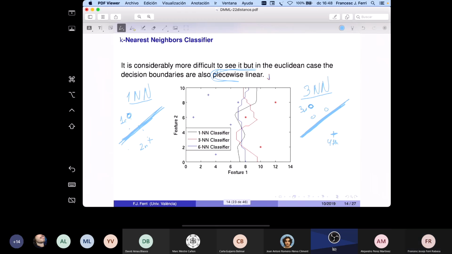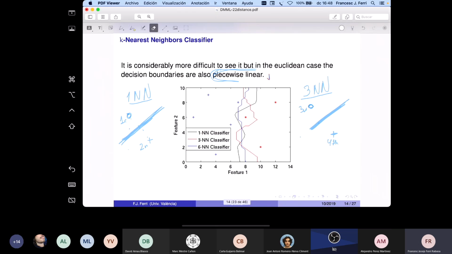Let me check. No, it can be like this. It's difficult to plot, but I don't know if you understand what I mean. So the 2 points that define all the different segments of the boundary are, in this case, the third and fourth neighbors when k is equal to 3, and in the same way for any other value of k.